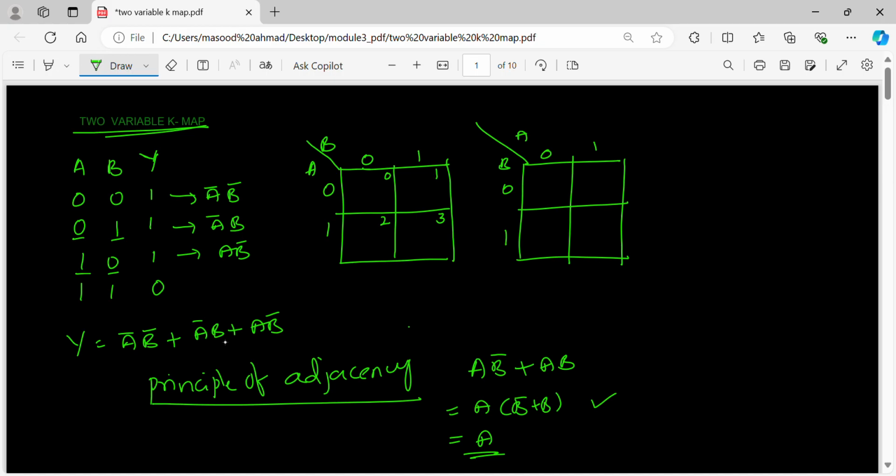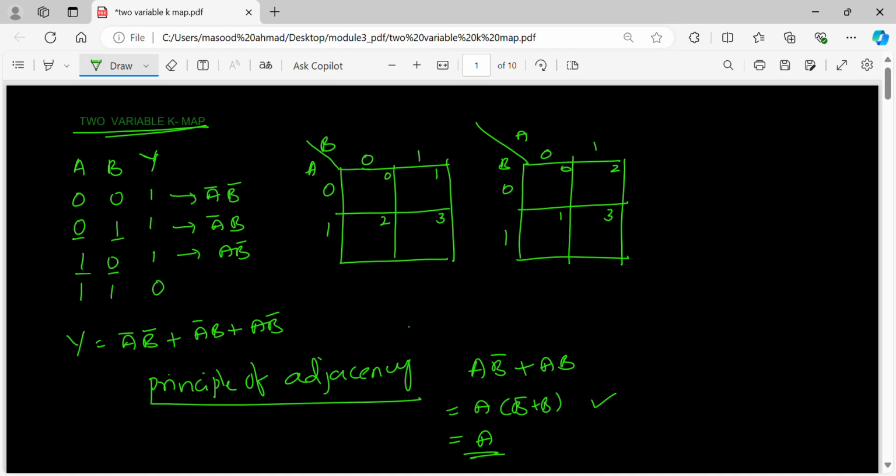So 0 and 0 corresponds to 0. A is MSB, right? 1 0 is 2. Then 0 1: B is 1, A is 0, so it is 1. Then 1 1 is 3. So this is how it will be.